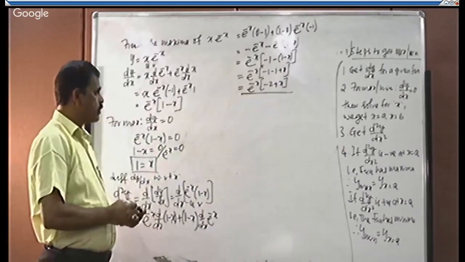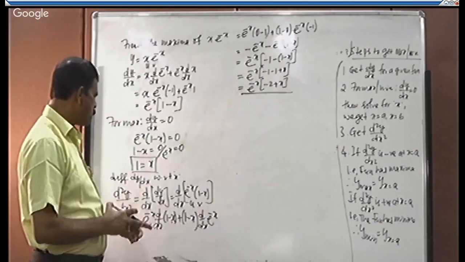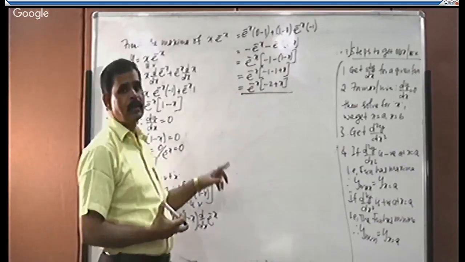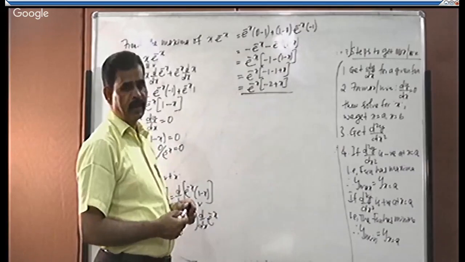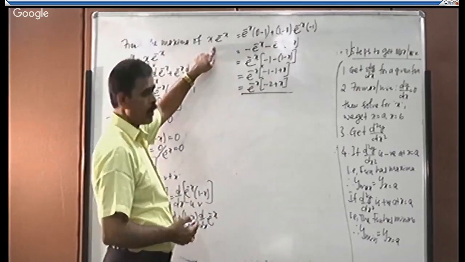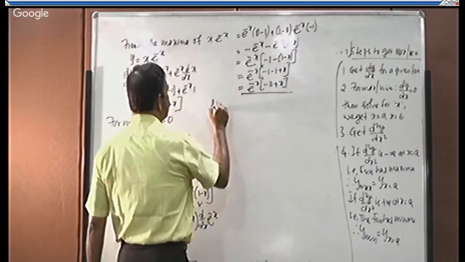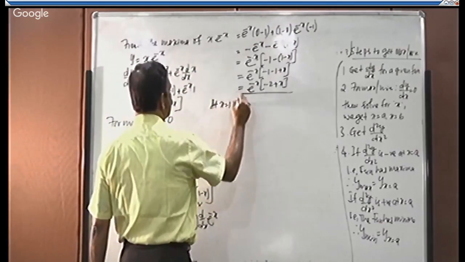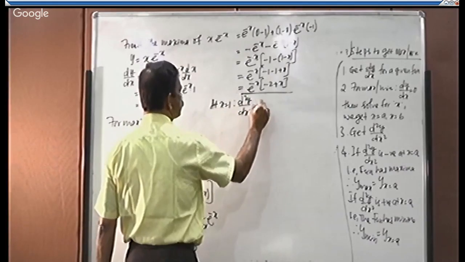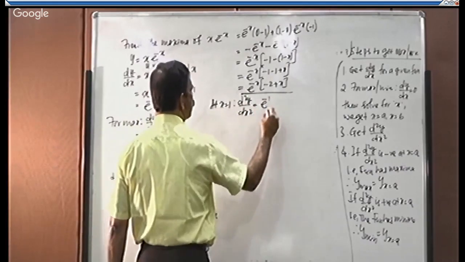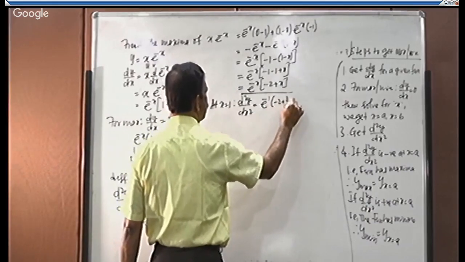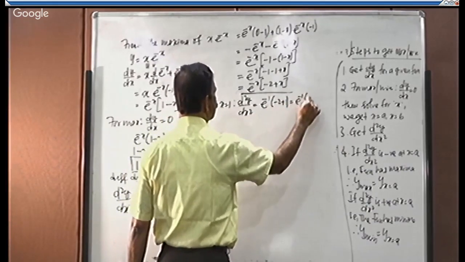Let us cross check. If I substitute x equal to 1, will you get d square y by dx square negative? If I get negative, then only I can say the function has maxima. At x equal to 1, d square y by dx square is equal to e power minus 1 into minus 2 plus 1, that is e power minus 1 into minus 1.